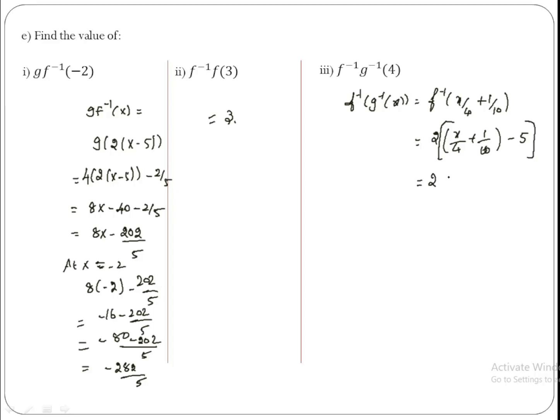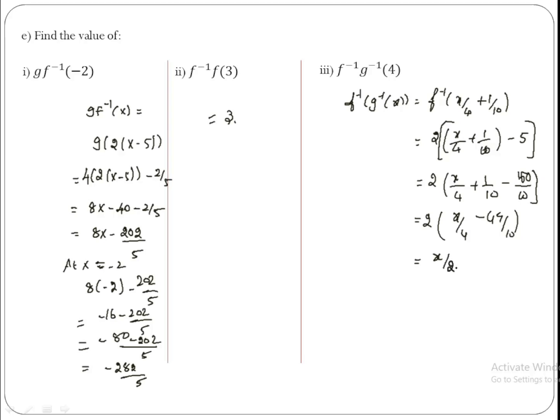Then 2 times x by 4 plus 1 by 10 minus 5, which is 50 by 10. We get 2 times x by 4 minus 49 by 10.